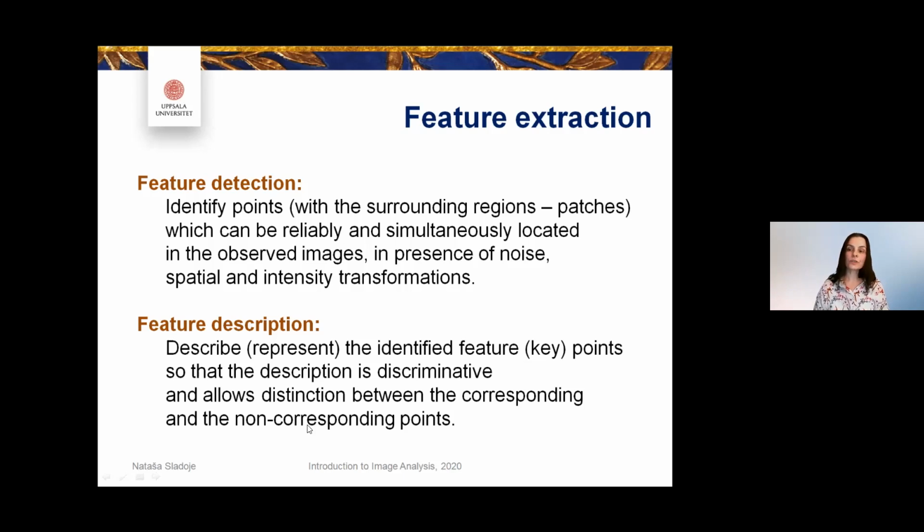The step of feature description will then focus on some representation, some encoding of the information, usually from the patch that surrounds our feature point, so that we can provide descriptions which are discriminative enough in the sense that similar or corresponding points will have similar enough descriptions, while the different points, non-corresponding points, will have non-similar or different enough descriptions. So these are the ideas or the main tasks behind feature detection and feature description.